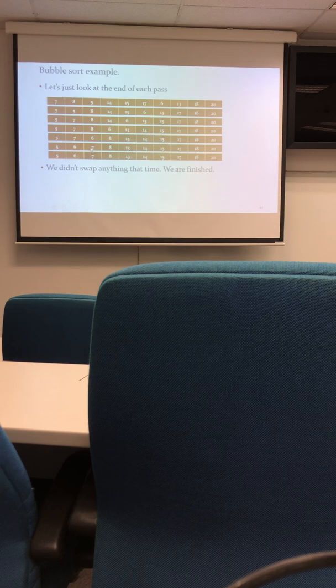From this step to this step, do we do any swap? Yes or no? No. From here to here, there is no swap carried out. That means we can stop. After we get the result for this pass, we can stop because there is no swap.